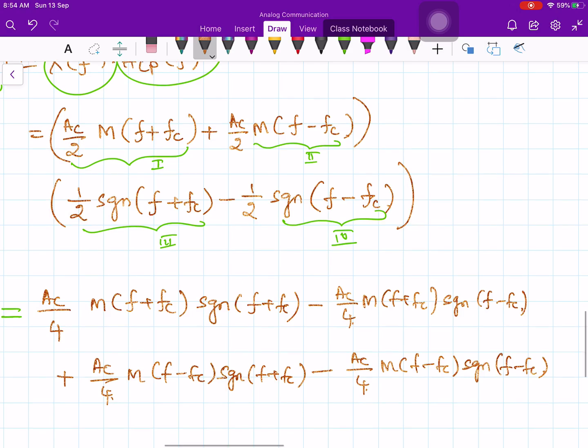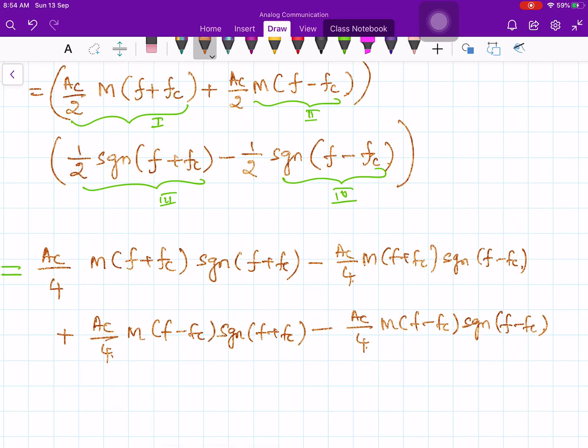Okay, now that's it. So these are the 4 terms that you will get. Now if you look at it carefully, I can collect these 4 terms into 2 groups.